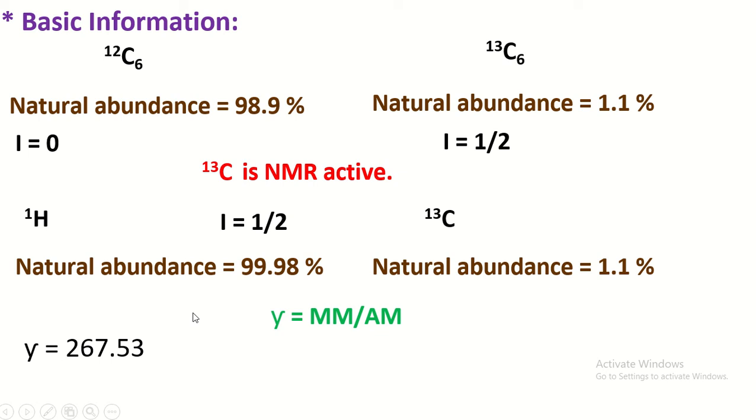The gyromagnetic ratio of H-1 is more than that of carbon-13. The gyromagnetic ratio of the H-1 nucleus is 267.53 and that of the carbon-13 nucleus is 67.28. Therefore, the gyromagnetic ratio of the carbon-13 nucleus is less than that of H-1 by about 4 times.